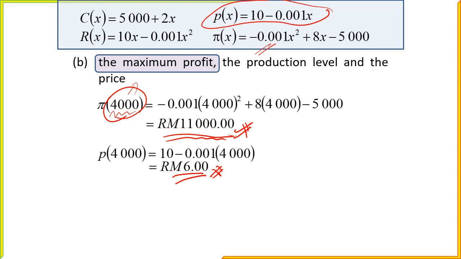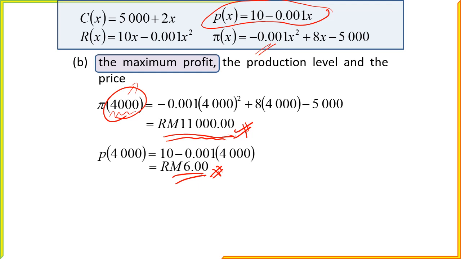in order to get the maximum profit, which is 11,000. Okay, so let's say we have this business. We know that the business is related to this type of equations. We have the cost function, we have the price demand function. We can find the revenue function, and then we can also find the profit function. From here we can find the quantity that we need to sell and the price that we need to sell at in order to get the maximum profit.